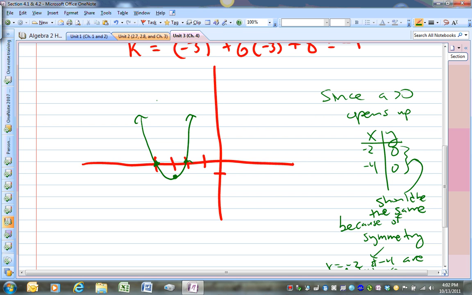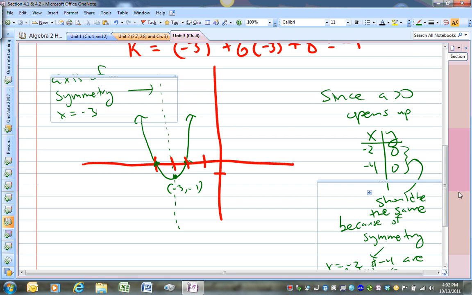And you have a graph. So, pretty basic. The vertex, again, is negative 3, negative 1. And this dashed line that I'm drawing right now is called the axis of symmetry. Cuts it in half. And that equation is going to be x equals negative 3. Says it crosses the x-axis at negative 3.